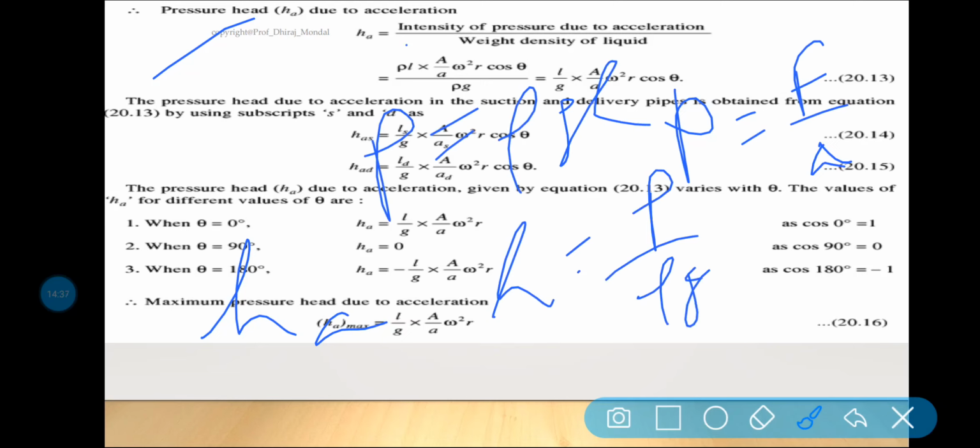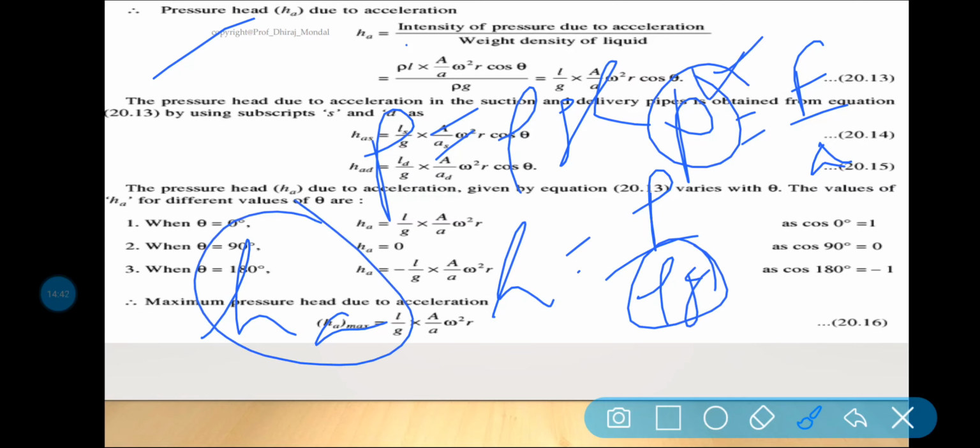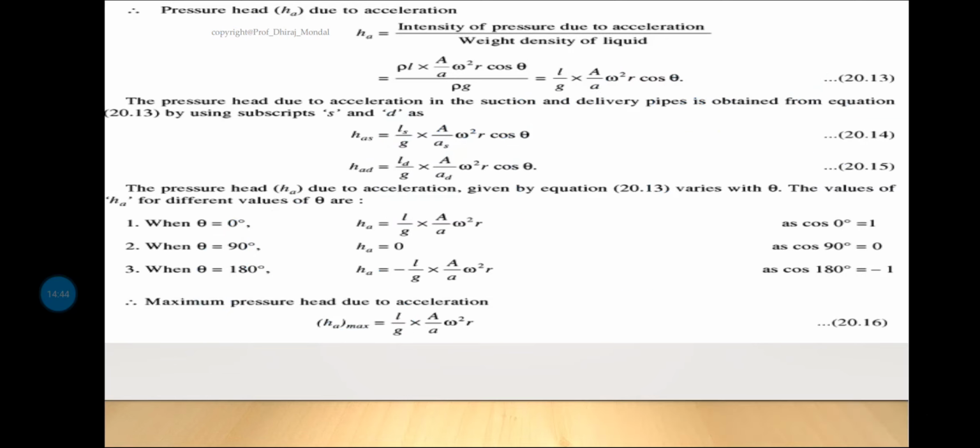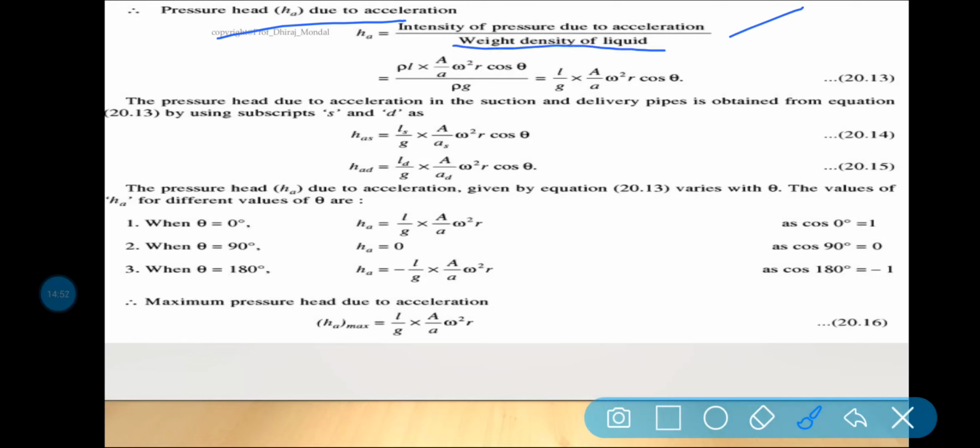So dividing this pressure by rho g, you will get HA. So in this equation, head due to acceleration is equal to pressure by rho g, that is your weight density. So rho L A by a omega square r cos theta by rho g.